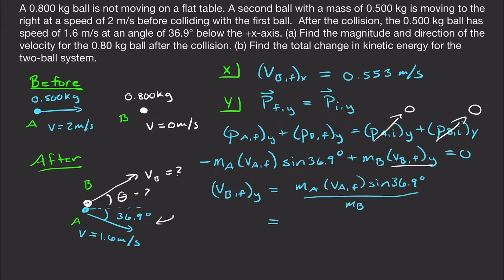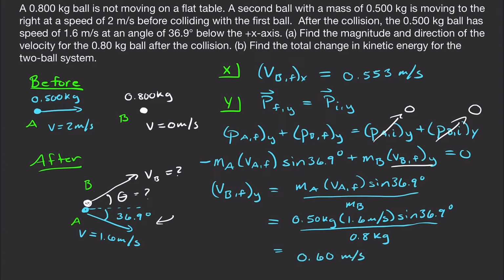So if we plug that in, we get 0.5 kilograms times final velocity of A, or 1.6 meters per second, times sine of 36.9 this time, all over 0.8 kilograms. And if we plug all of that in, we get 0.60 meters per second.